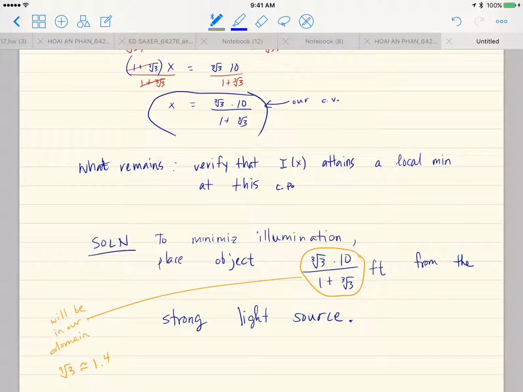So this answer is approximately 1.4 times 10 divided by 1 plus 1.4, which is 14 divided by 2.4, which is definitely less than 10. Okay, so 14 divided by 2.4, it's about 5.8. So the optimal place is not in the middle of the two light sources, but it's a little bit closer to the weak light source.